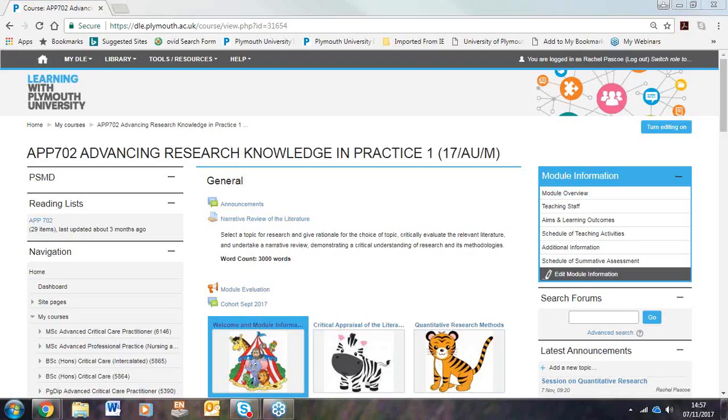The research question that's being asked, the topic that's been chosen, and the researcher taking a specific perspective, that's what makes it qualitative or quantitative, interpretive or positivist.